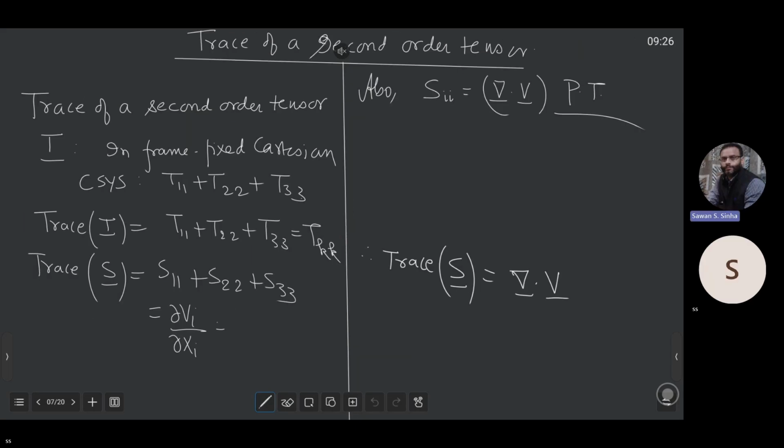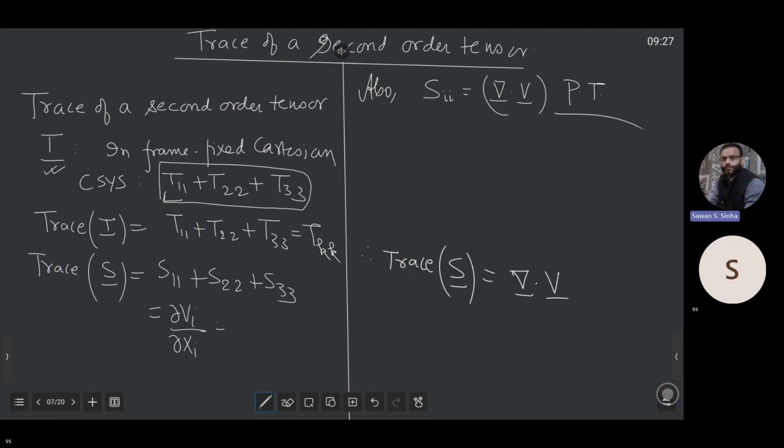Trace of a second order tensor. In some books, you will come across this word, trace of a second order tensor. If I have a second order tensor T, and if I have a frame fixed Cartesian coordinate system, I am expressing the tensor T as T11, E1, E1, etc. Then the sum of these three components is called the trace of the tensor.